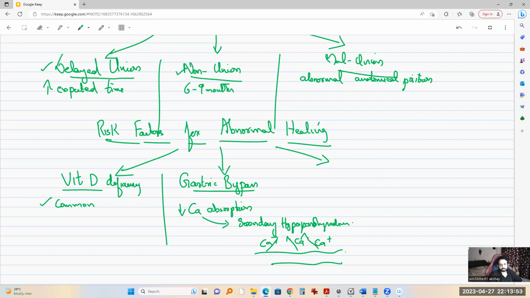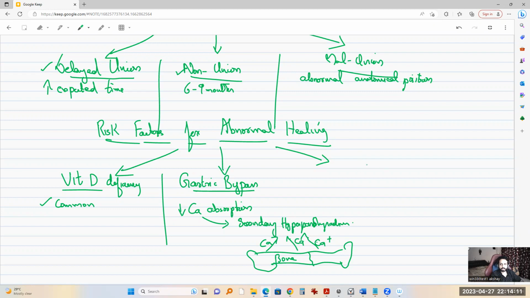If there was a fracture here, since all the calcium is removed from the bone, this will affect the healing of the bone.